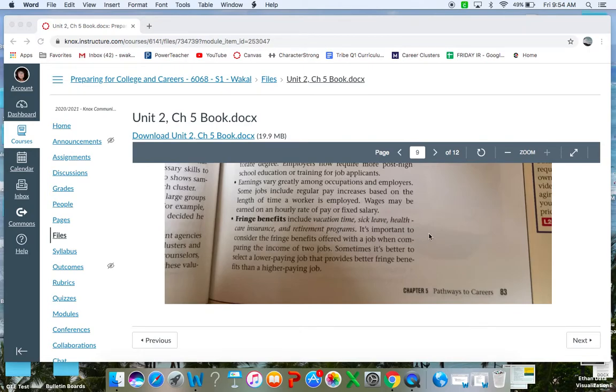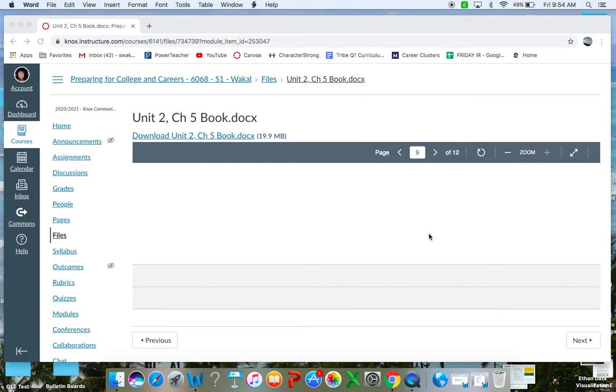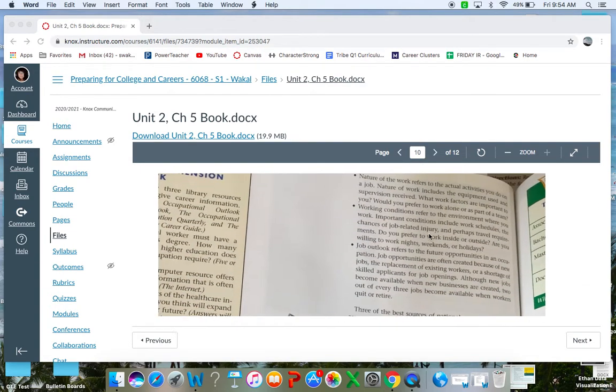Plus, Hospital B might be in a lower cost of living area, so it's not going to cost me as much to either rent in that area or buy a house in that area. Okay, so definitely something else to think about as you're studying your future careers.